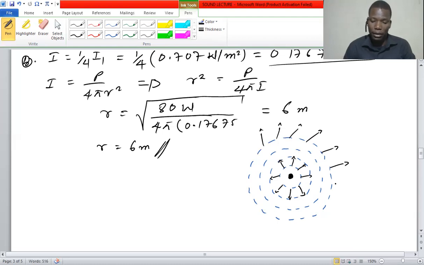Now, another thing is that these rays that I've drawn are coming out outward, and they are moving at constant speed.